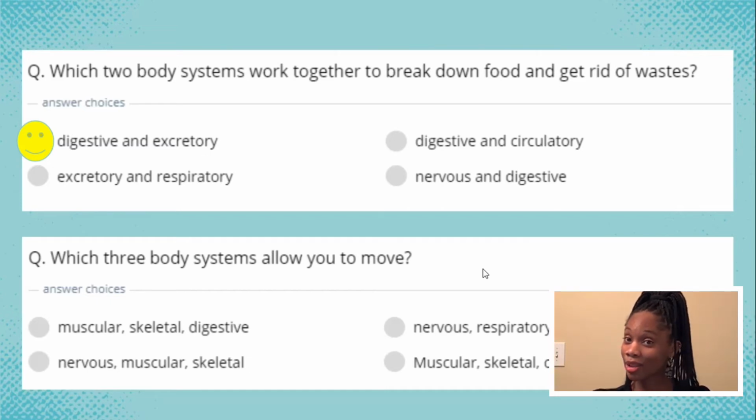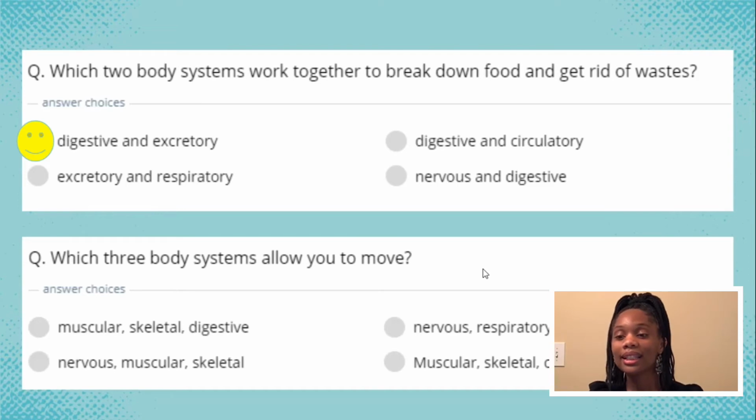Now, our last question, let's see if we can get this correct. Which three body systems allow you to move? Is it your muscular, skeletal, and digestive systems? Your nervous, respiratory, and digestive systems? Or your nervous, muscular, or skeletal systems?